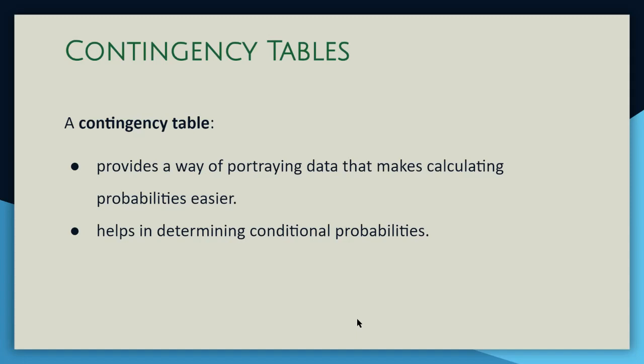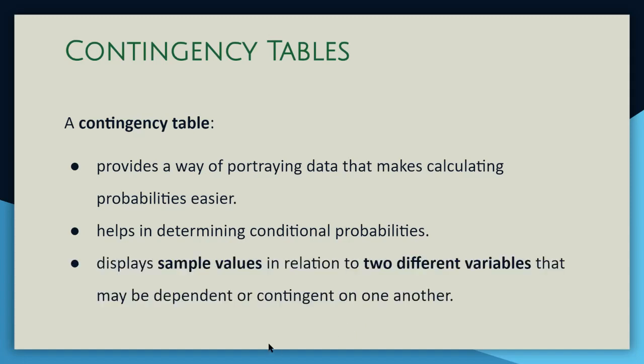It helps us determine conditional probabilities, and it displays sample values in relation to two different variables, eye color versus hair color, age group versus time spent on social media, that may be dependent or contingent on one another. So contingent means dependent, and we're looking at the table to determine if one variable depends on another.